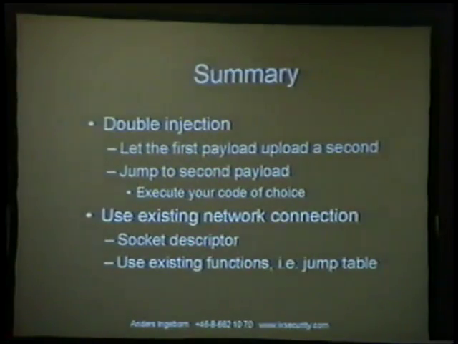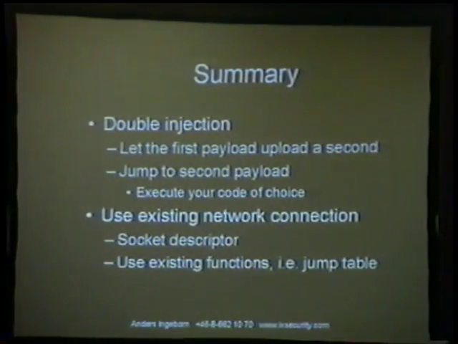Okay, so basically those were the design tricks that I'm suggesting. To give you a summary of the last couple of minutes, I suggested a design trick that I call double injection, where I let the first injector and payload upload the second one.